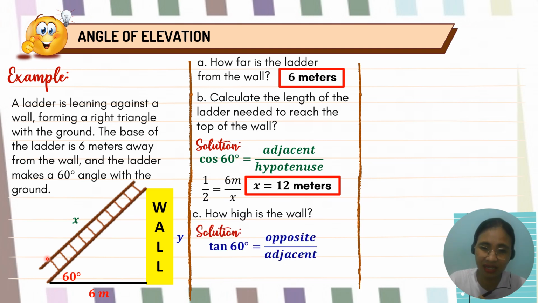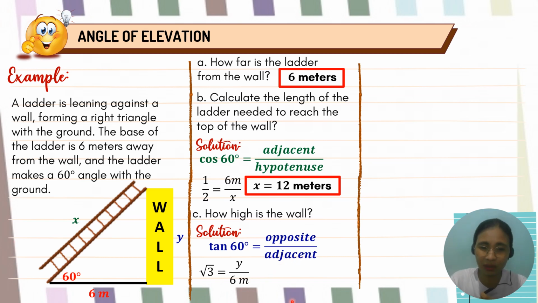Tangent 60 degrees is equal to opposite over the adjacent. And again, the value of the trigonometric ratios of the special angle, so tangent 60, that is square root of 3. And then opposite is the wall, which is represented by y, and then the adjacent is 6 meters.